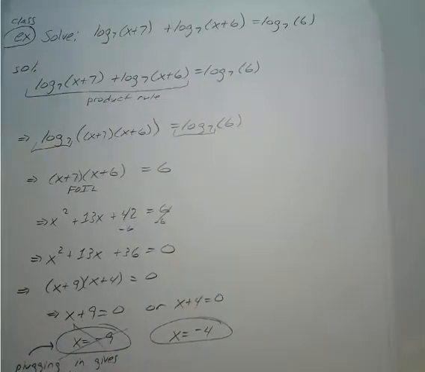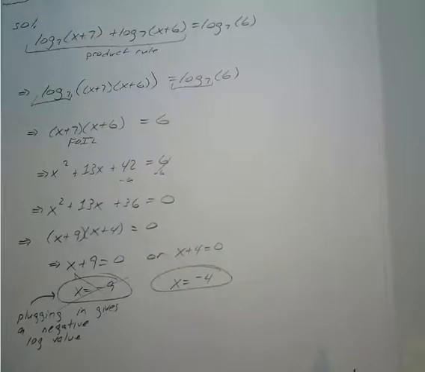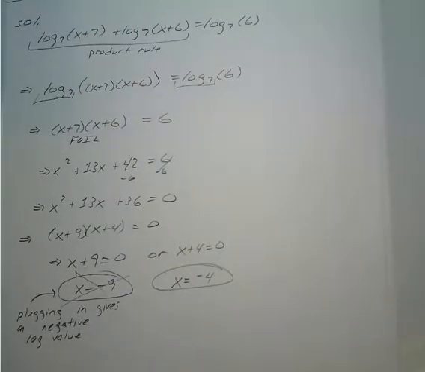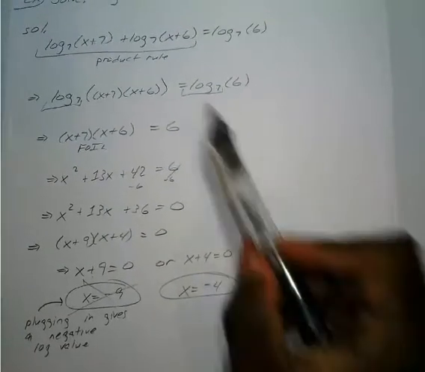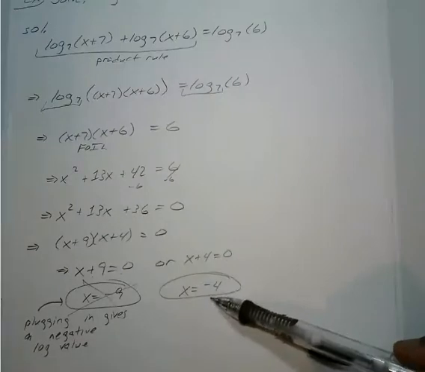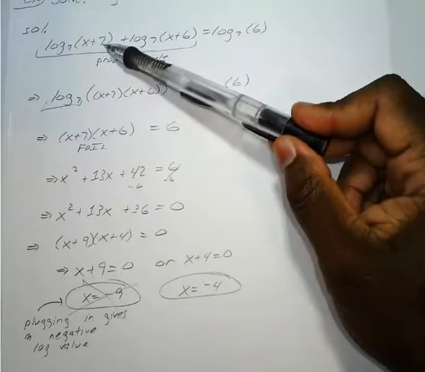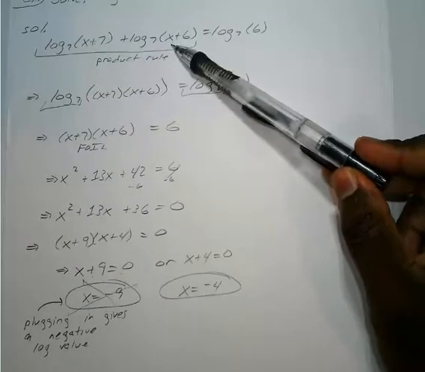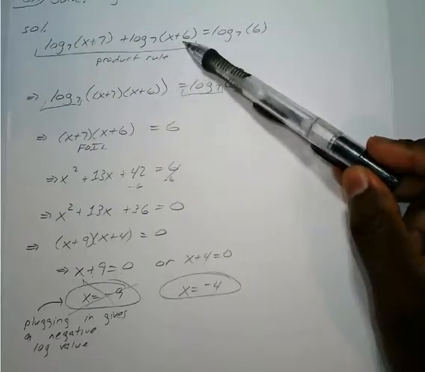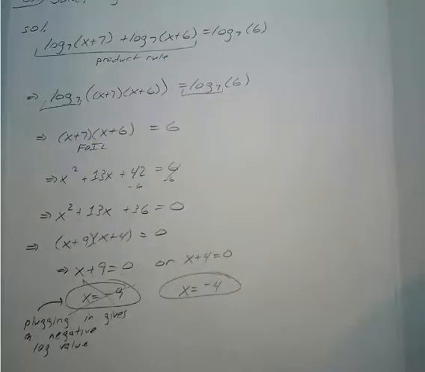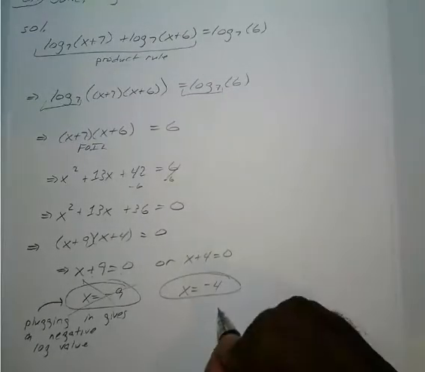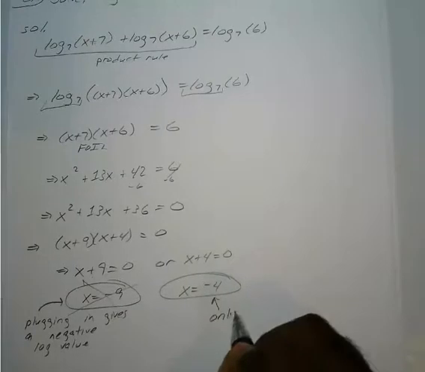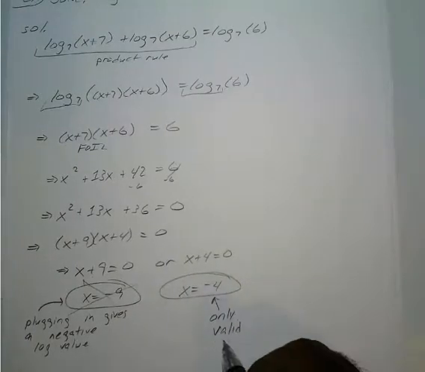Okay, so we know we can't use x equals -9. If you plug in -4, you have -4 plus 7, which is 3, so log base 7 of 3 is okay. If you plug in -4 here, you have log base 7 of 2, so that's okay there. So you're actually okay with the -4. This is your only valid solution.